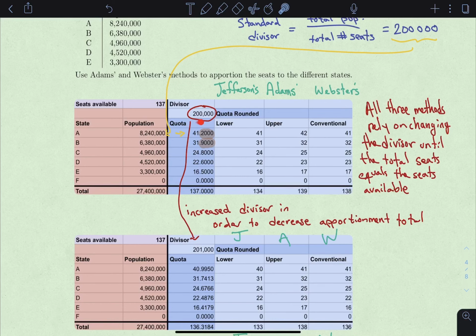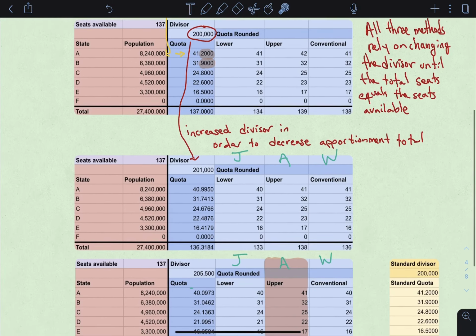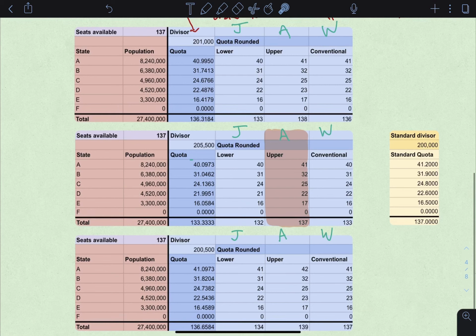So we still need to increase the divisor. But when we moved to 201,000, so this top table, we actually didn't apportion enough. So when we don't apportion enough seats, we have to bring the divisor back down.